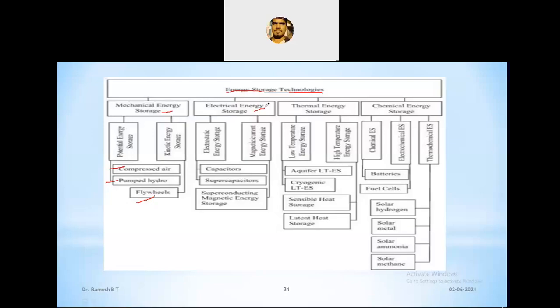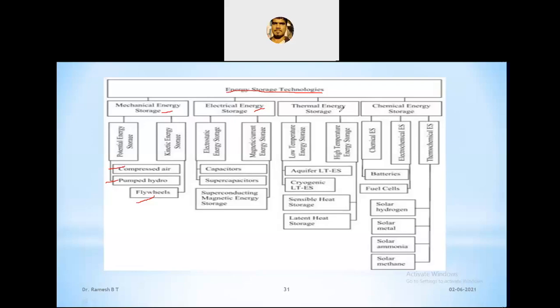And magnetic current means superconducting magnetic energy storage, with the help of magnetic north and south poles, where superconducting magnetic energy can be stored. So this is another type.